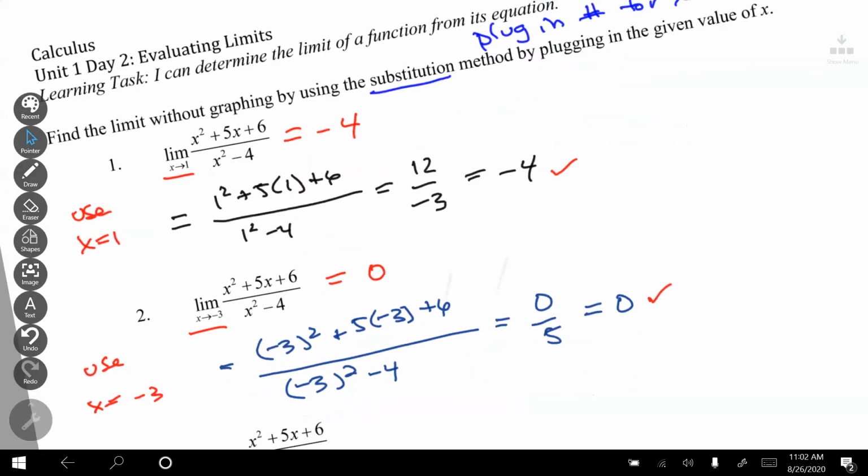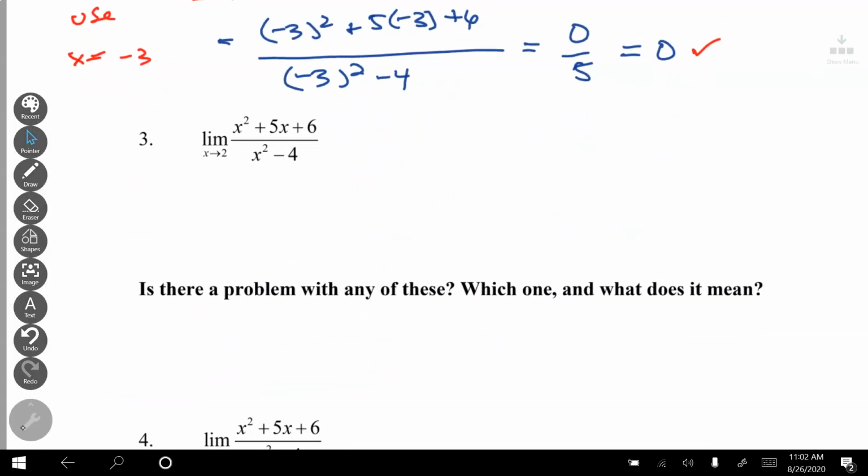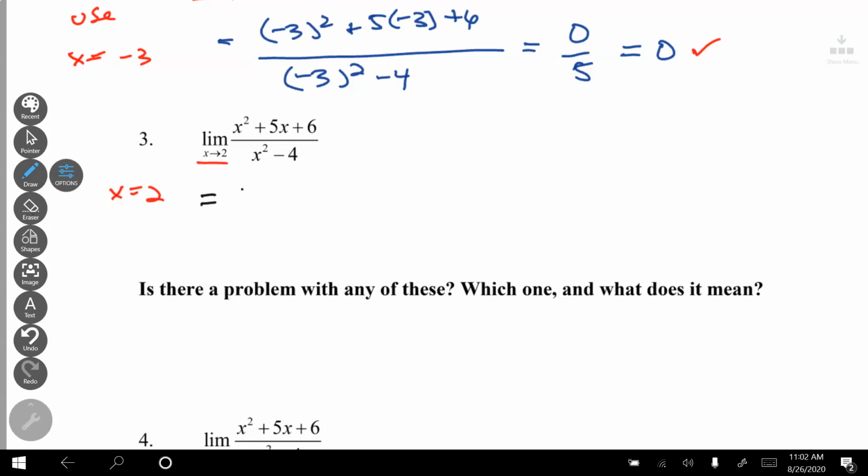Moving down to this one, I'm going to use x equals 2, and I get 2 squared plus 5 times 2 plus 6 over 2 squared minus 4.